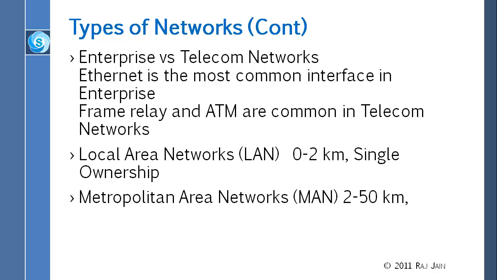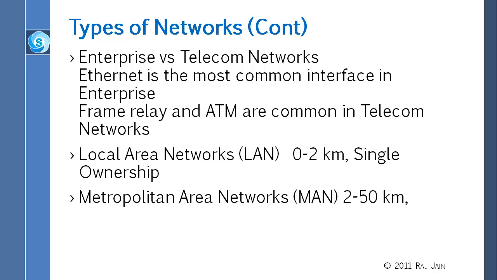Alright, let me go back to the last point. The telecom networks can be of three types: access, metro, and core. Access is the part of the telecom network that goes to the user, to the homes, to the offices. The AT&T wire that goes from their switching office to your home is the access network.